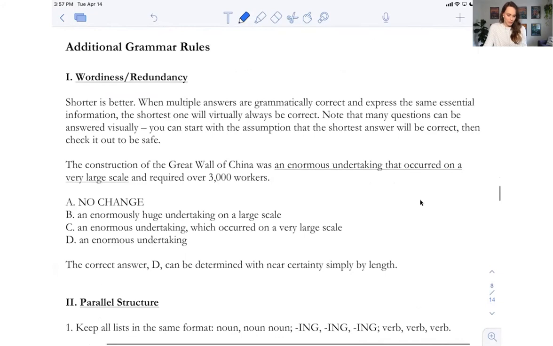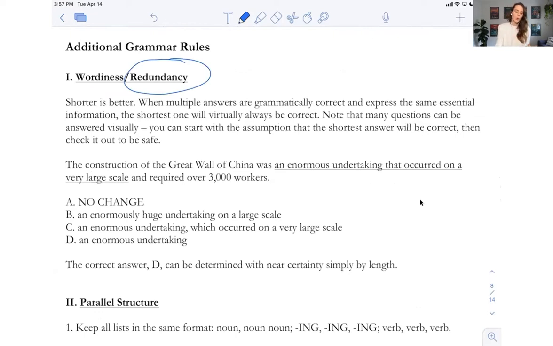Some more grammar rules. Redundancy. A way you can avoid picking a redundant answer choice would be to avoid long answer choices. Redundancy on the SAT is going to be harder on the SAT, easier on the ACT.